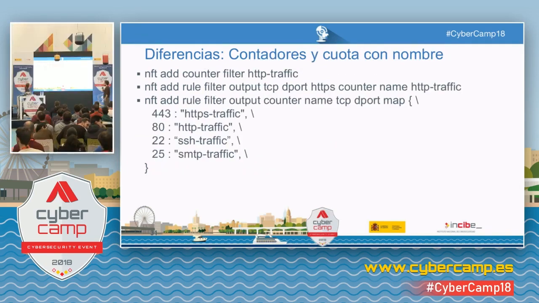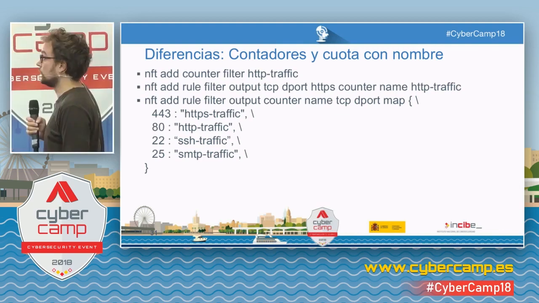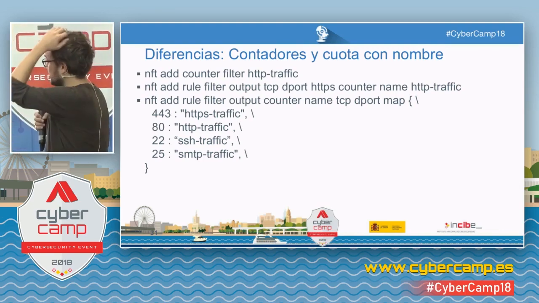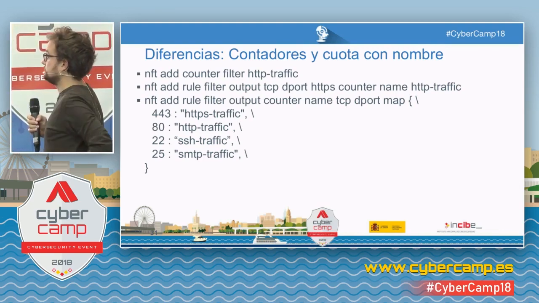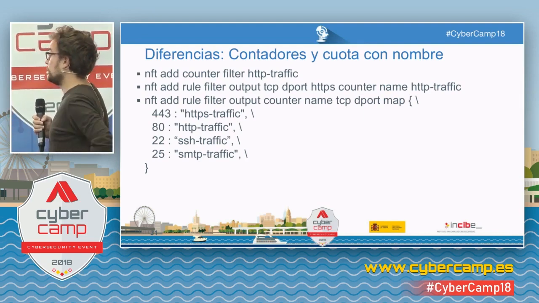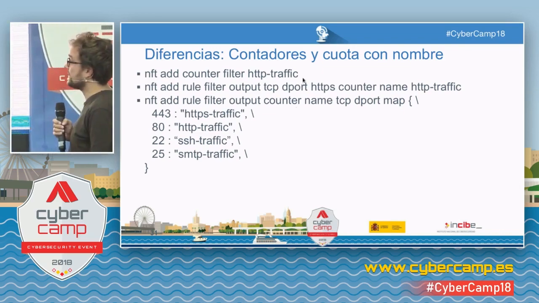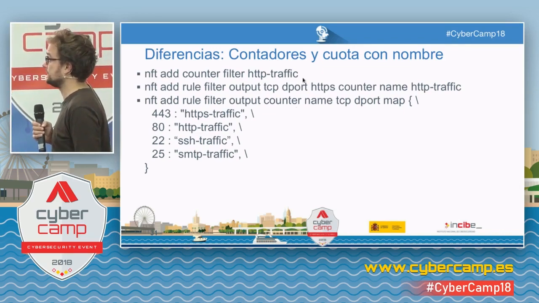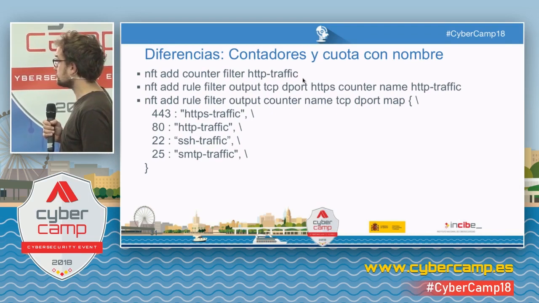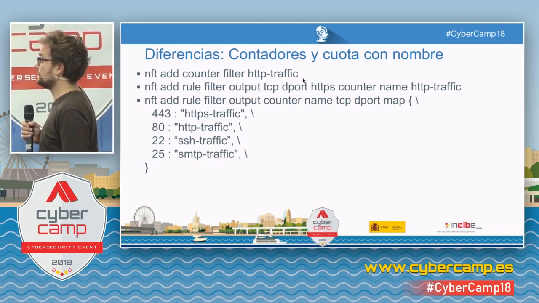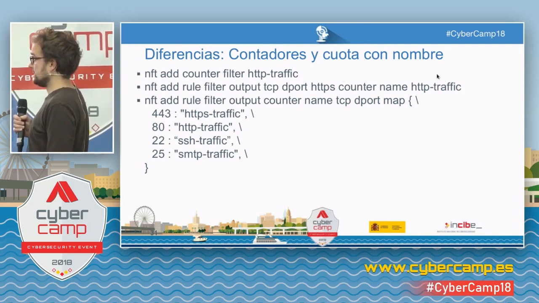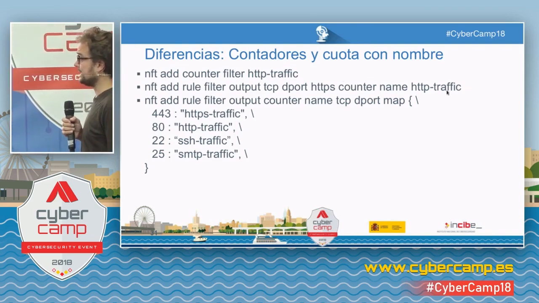And now meters and quotas with a name. Sorry, counters and quotas with a name. We can name counters. Here we see the table filter. It could be bar or anything really. Here the counter is called HTTP traffic. That's a counter that can be referenced on our firewall policy.